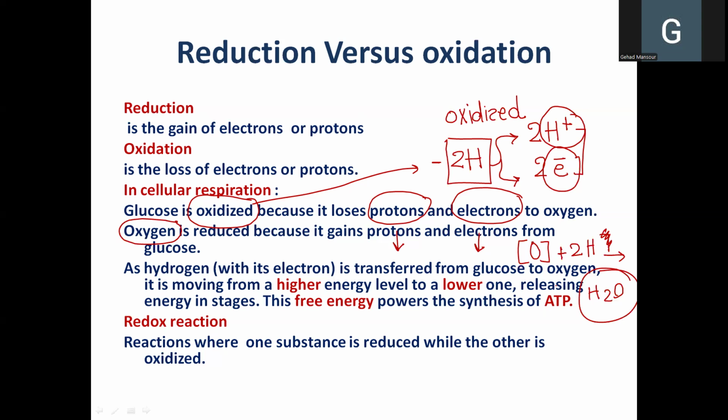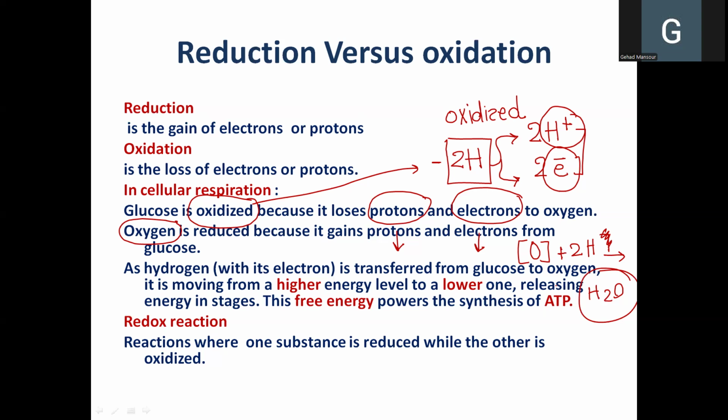And as we have said before, when we were discussing the active processes in the body in Unit 2, as electrons are transferred from one electron carrier to another, they are being accepted at gradually lower energy levels. So the electrons are moving from relatively higher energy levels in a previous electron carrier to relatively lower energy levels in the next carrier.